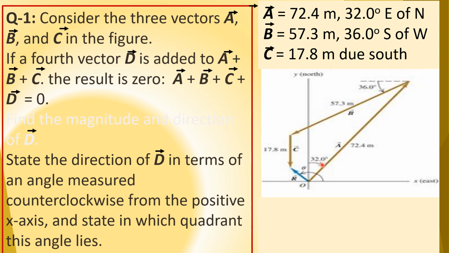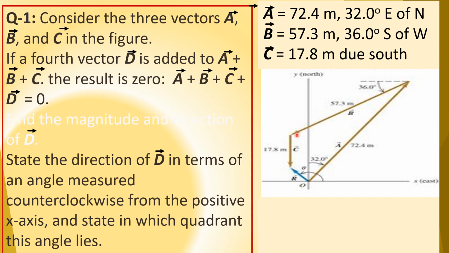That's the angle for vector A. Now, to the head of vector A, we draw the tail of vector B, whose magnitude is equal to 57.3 meters, and it makes an angle of 36.0 degrees south of west. There's the angle for vector B.